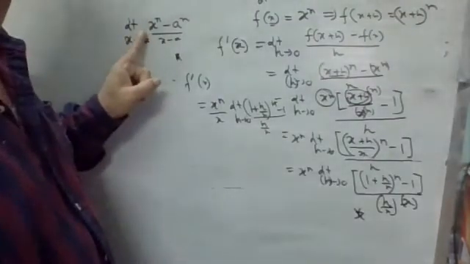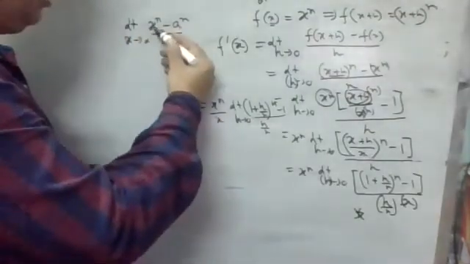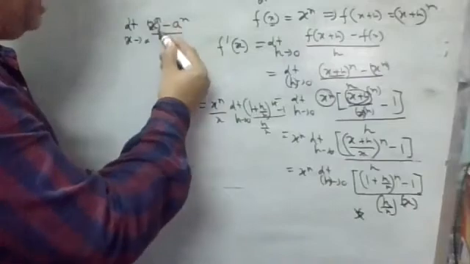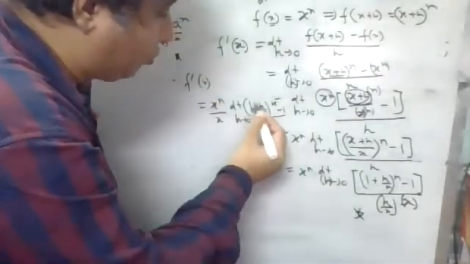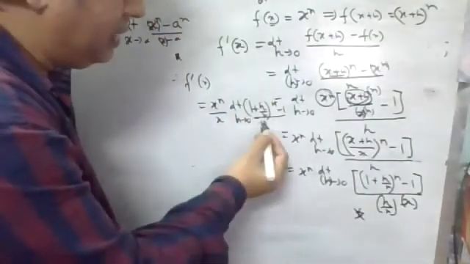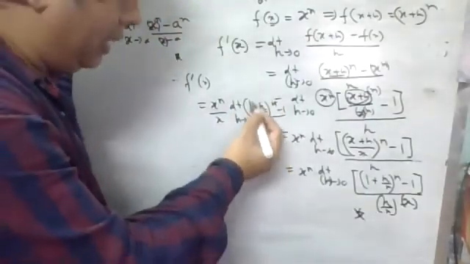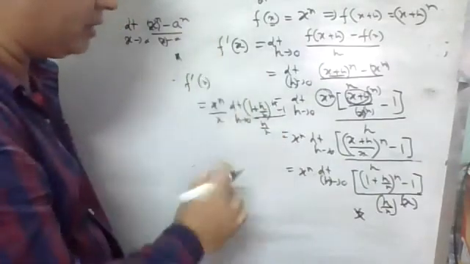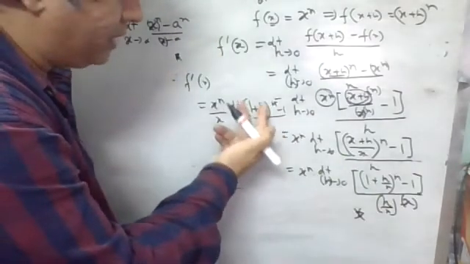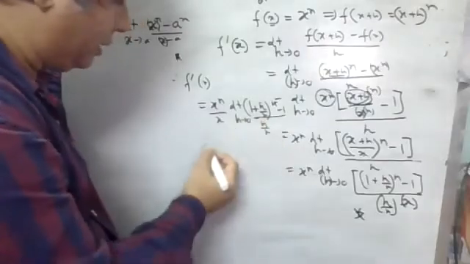Now here you see the formula with x^n, where the variable is x in numerator and denominator. But here, in place of x, we have 1 + h/x in the numerator, while in the denominator only h/x. So that 1 + h/x has to be brought in the denominator.